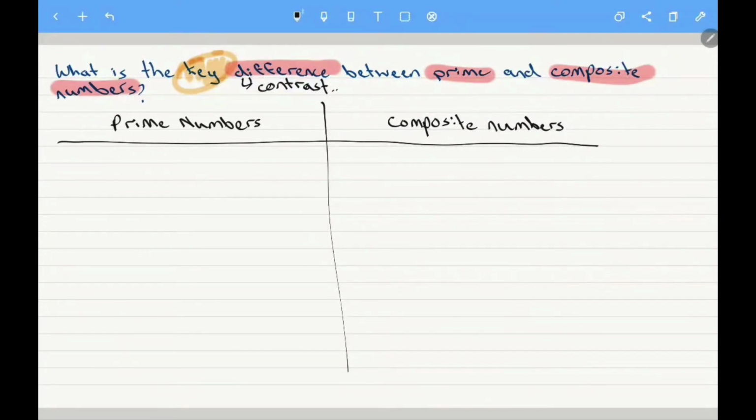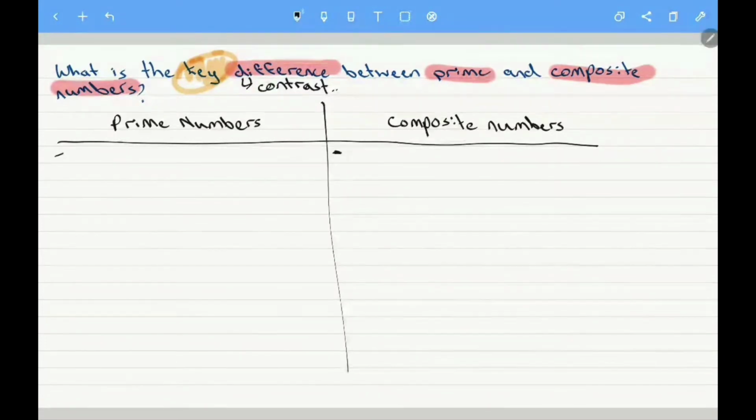That is basically what this question is looking for. And that distinguishing feature can be identified when we go back to the definition of prime and composite numbers.